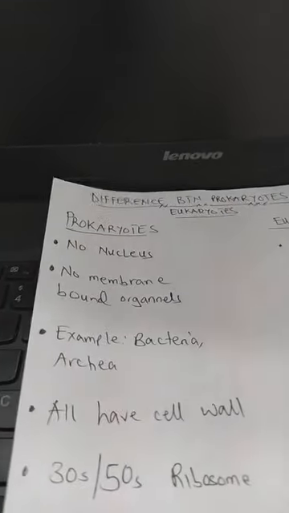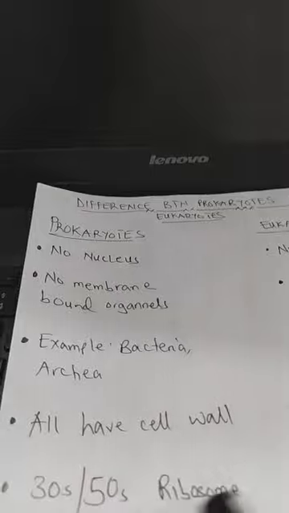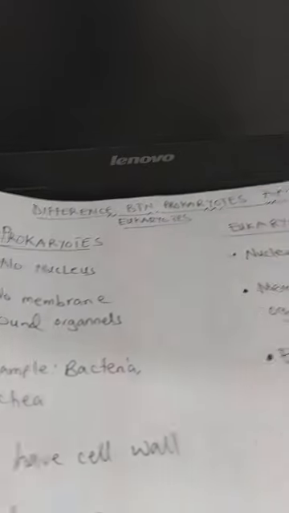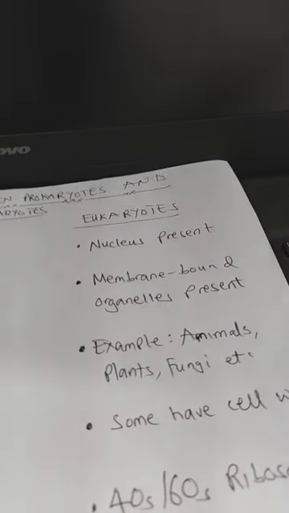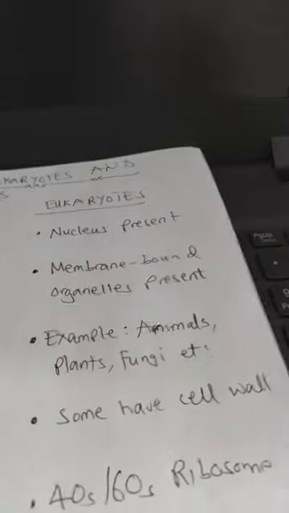Also, another difference is that all prokaryotes have a cell wall, while in eukaryotes, not all have a cell wall. For example, plant cells have a cell wall, while we humans do not have a cell wall. So not all eukaryotes actually have a cell wall.